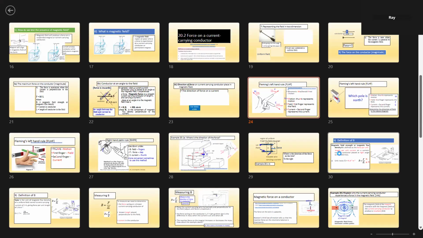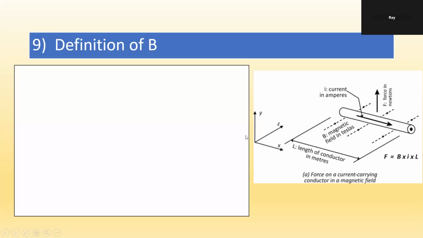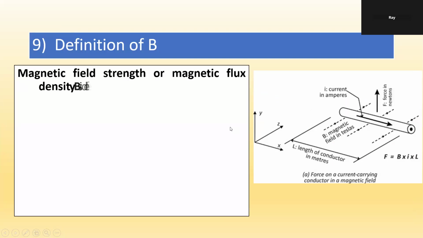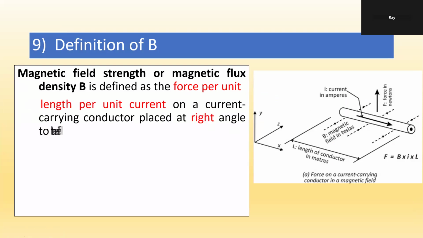Okay, next thing is we need to define B. We use this formula. Magnetic field strength or magnetic flux density is defined as the force per unit length per unit current on a current carrying conductor placed at right angle to the field lines.